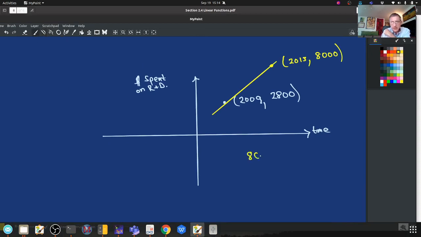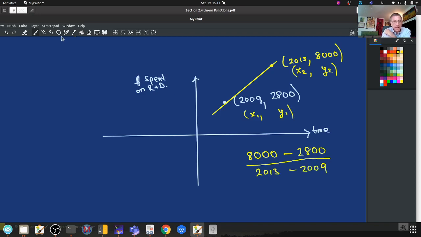I'm going to call this x2, y2, call this x1, y1. It's y2 minus y1 over the change in time, 2013 minus 2009. And that's really easy to figure.